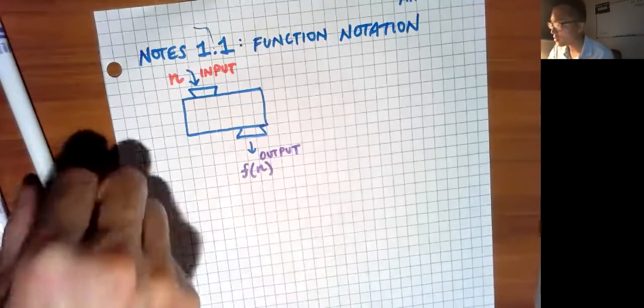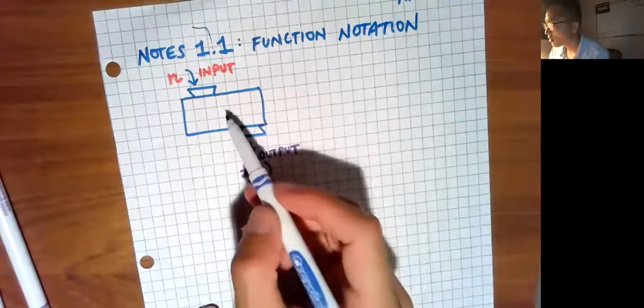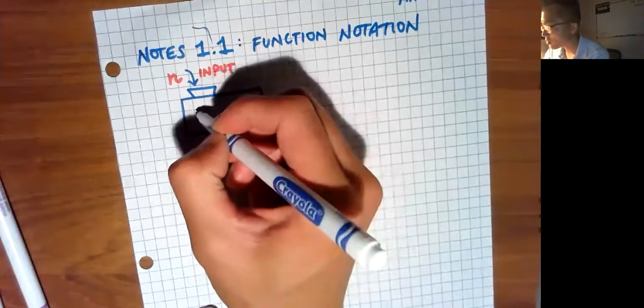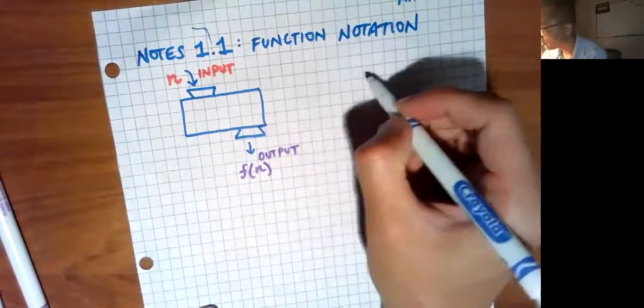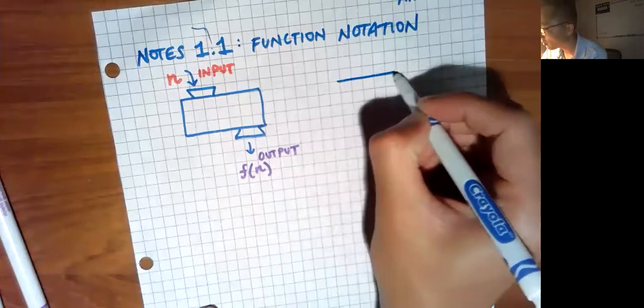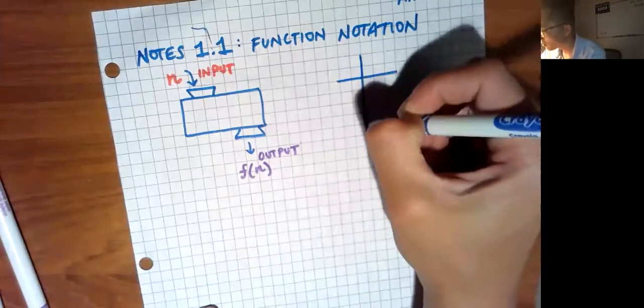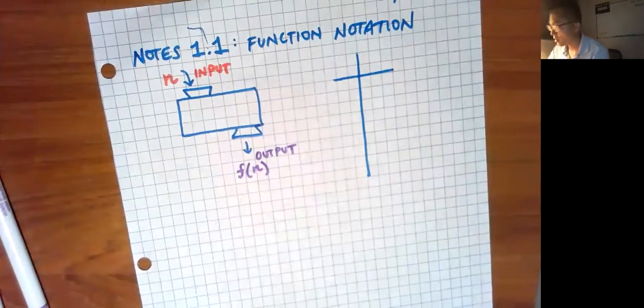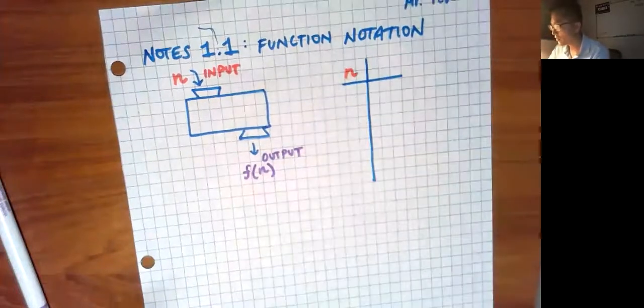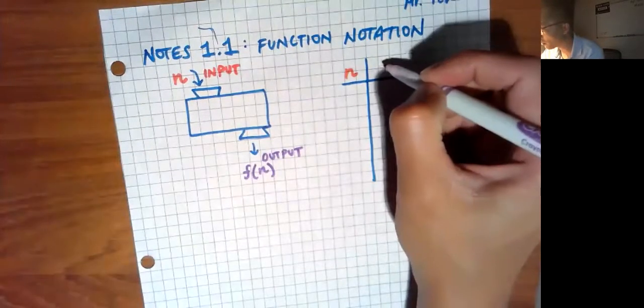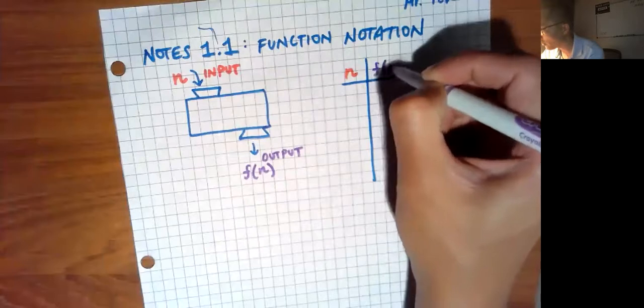And in this case, this magic box, here's how it's going to work. Let's make a table on the right here. And we're going to put our input numbers on the left and our output numbers on the right. So f of n on the right.